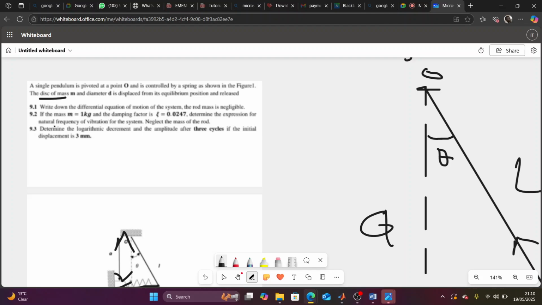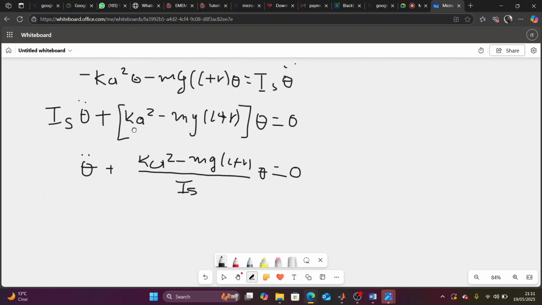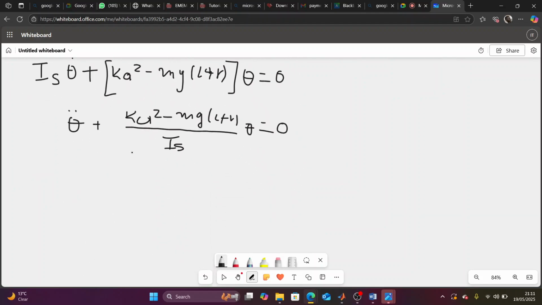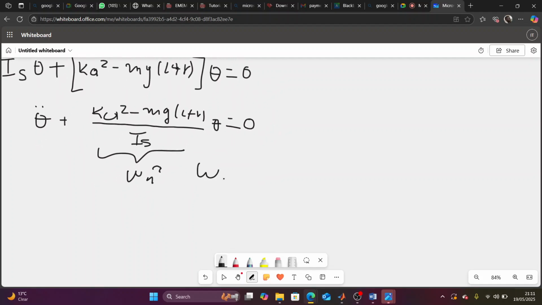Number 9.2, they said if the mass is 1 kg and the damping factor is this, determine the expression for the natural frequency of the vibration, neglect the mass of the rod. Since we've got the mass to be 1, remember this expression gives us the natural frequency. So we have to solve for Wn.